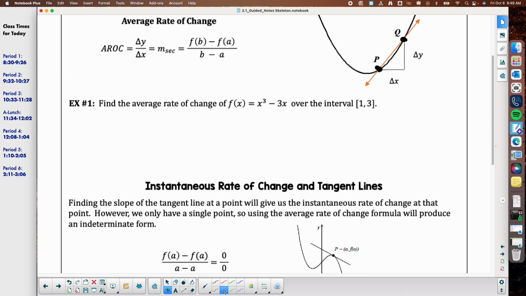Okay. Over the interval. So you would plug the numbers in to get 1 to the third minus 3 times 1, over 1 minus 3. You can call on people if you want, you're up here teaching.